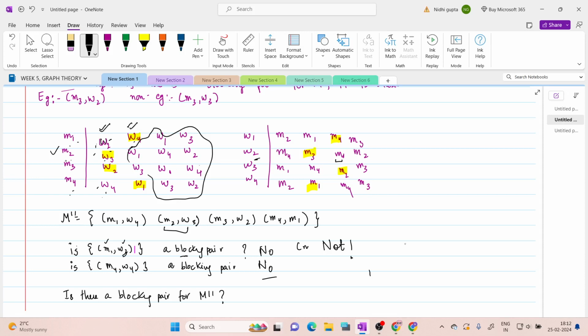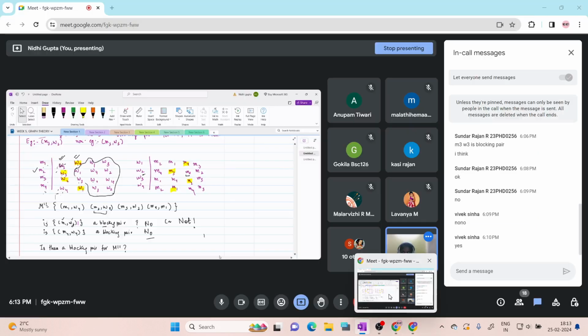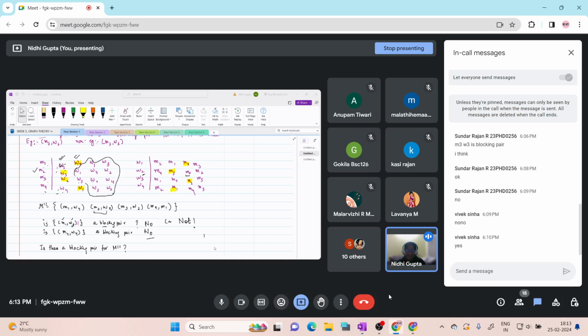So M2W1, M2W4, M2W2 cannot be blocking pairs. Similarly, M3W3, M3W1 and M3W4 cannot be blocking pairs, and neither can M4W3 and M4W2. So there can be no blocking pairs with respect to this matching. Therefore this matching is stable.